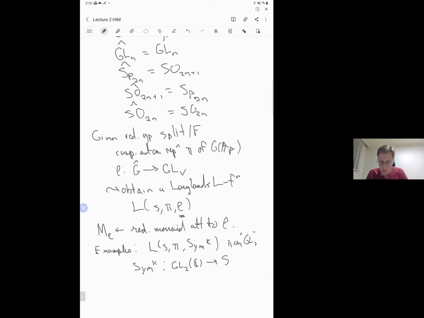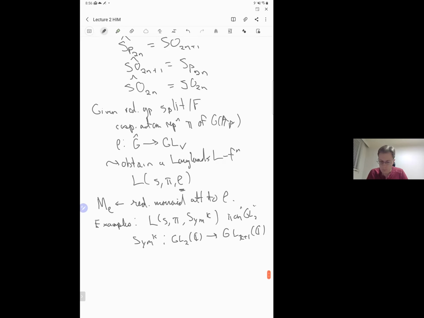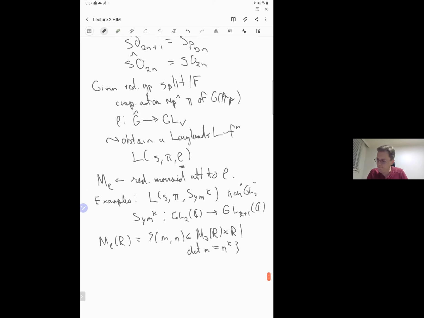My symmetric power L-function takes me from here to GL_{k+1}(C). Then in this case, my reductive monoid is M_n in M_2(R), the 2-by-2 matrices over R, such that the determinant of M is equal to n^k. So the most natural thing in the world.